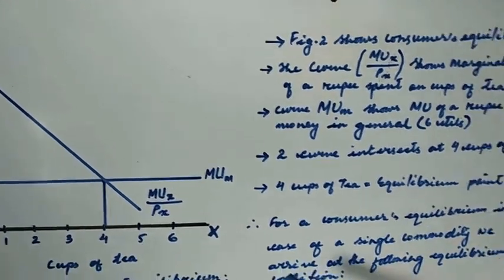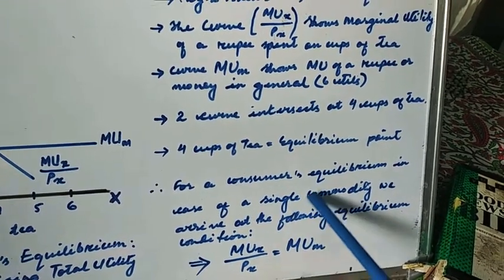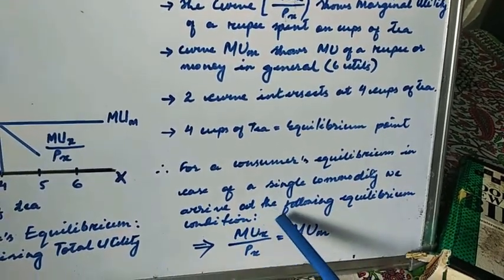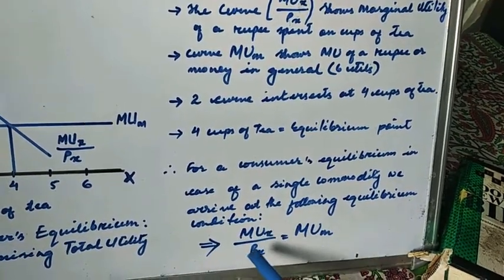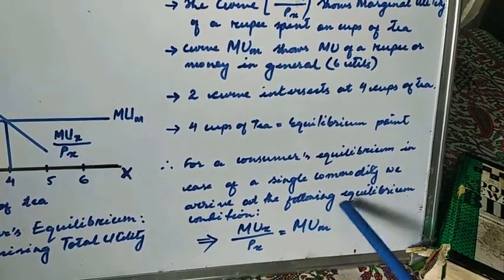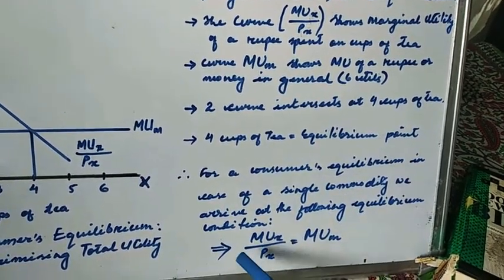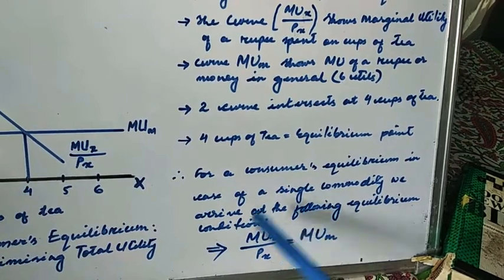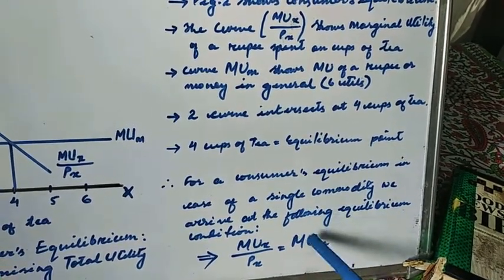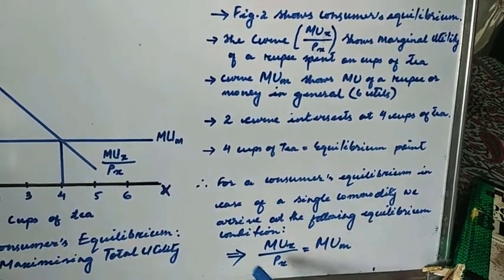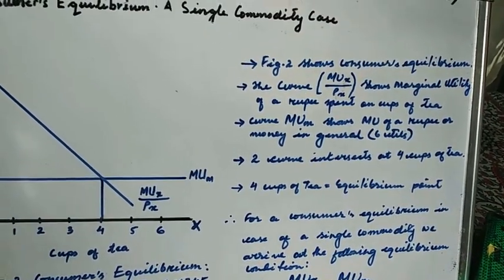So we have come to the conclusion that for a consumer's equilibrium in the case of a single commodity, we arrive at the following equilibrium condition, that is MUX by PX should be equal to MUM. The marginal utility of a rupee spent on a cup of tea or any commodity should be equal to the marginal utility of the rupee in general. That is the equilibrium condition for a consumer in the case of a single commodity.